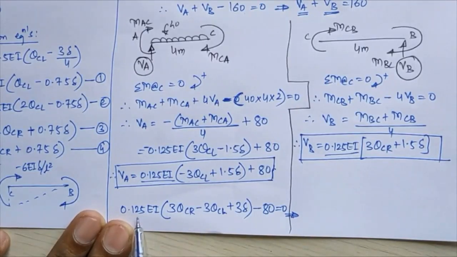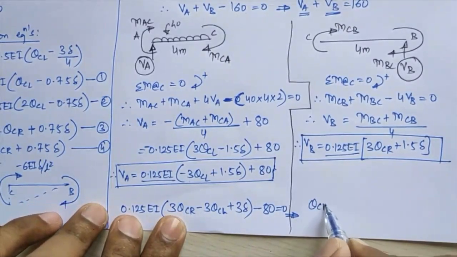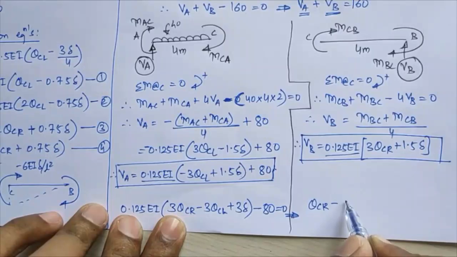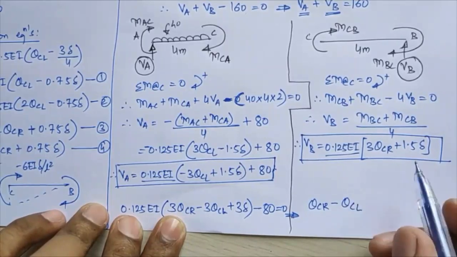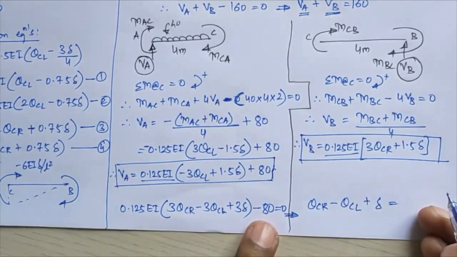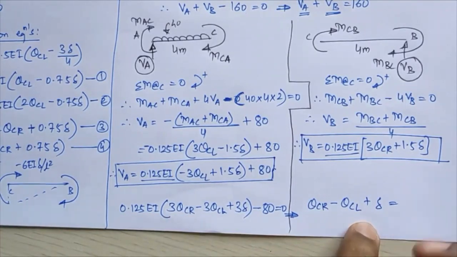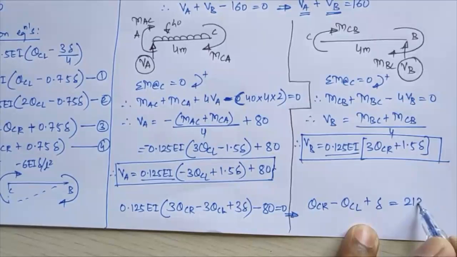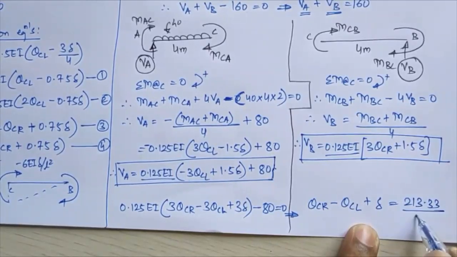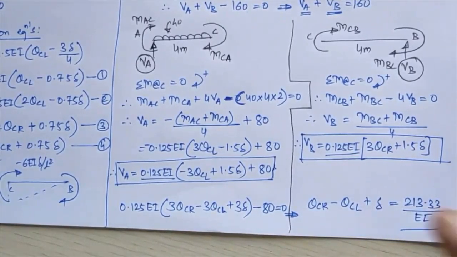Taking 3 common and multiplying it with 0.125, the total equation I'll get is theta CR minus theta CL plus delta is equal to plus 80 divided by 0.125 into 3 EI, that I get as 213.33 divided by EI.